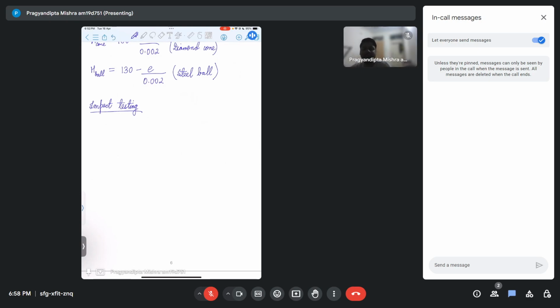So what exactly is happening in this impact testing? Essentially, we'll have a sample which is being placed on some anvil. Let's say this is my anvil. I've placed a sample here and I put a pendulum.